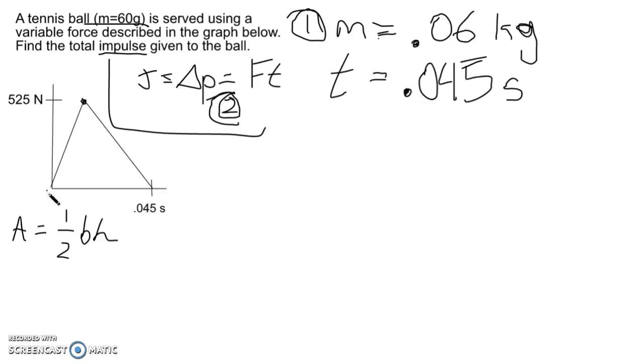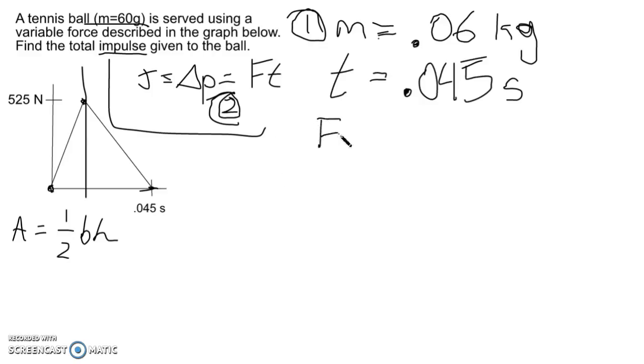If we divided this into two, these two triangles would have the same average, because the first triangle starts at 0 and ends at 525, and the second starts at 525 and ends at 0. Since it's a constant line, the average is the middle of 525 and 0 for both of them. So I'm just going to take 525 and divide it by 2.